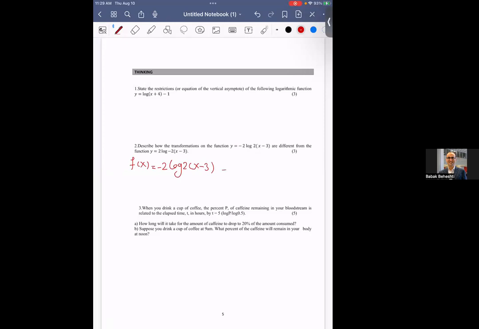There are different ways to look at this, but one way is to say that this is equal to minus 2 times log of x minus 3, because log of 2 times x minus 3 is log of 2 plus log of x minus 3, right? And then you have minus 2 times log of 2.